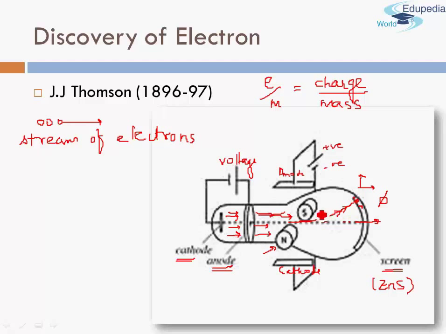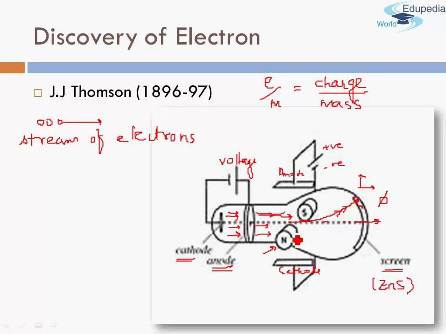Now another thing that you are going to study in physics in your class 12th is that any charged particle, whether positive or negative, just like it gets deflected by an electric field, it also gets deflected by a magnetic field in some way. So what he observed was, even in the presence of a magnetic field, these cathode rays got deflected.